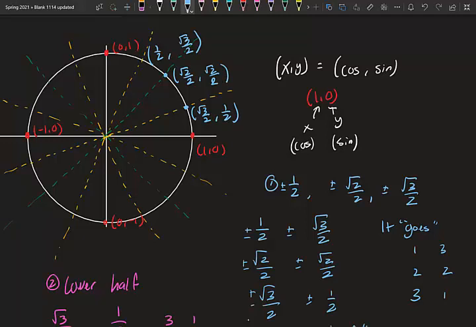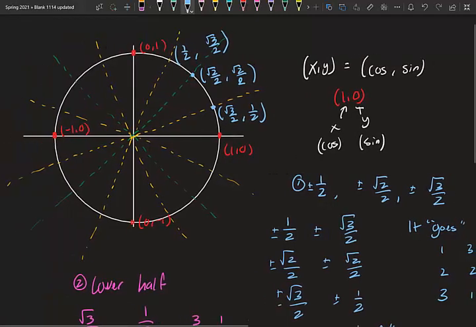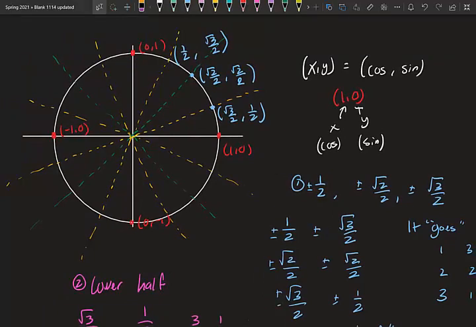Now let's move on to the other part of the upper half. So it's still the same pattern, top to bottom, 1, 2, 3. Then we go opposite way.